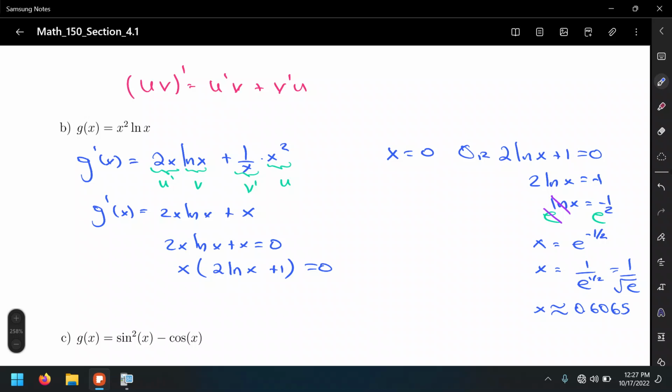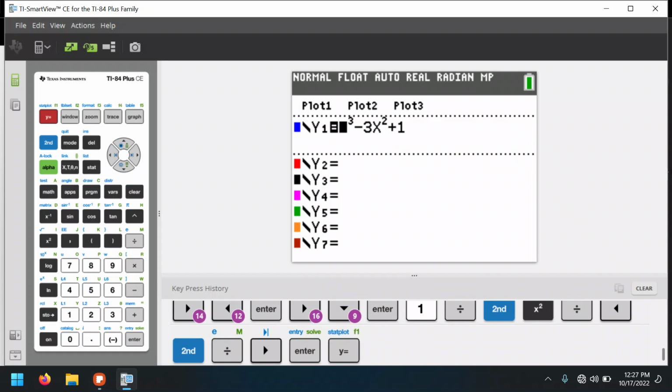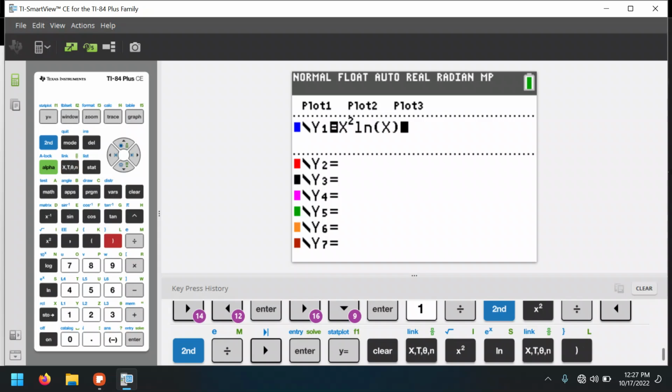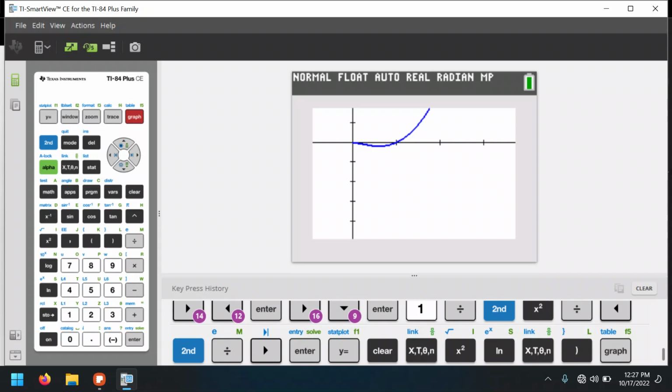Alright, and let's have a look at the graph of the function g of x equals x squared ln x. So I'm going to clear and enter x squared ln of x, and let's graph. I think this is a good window to have a look at the function.